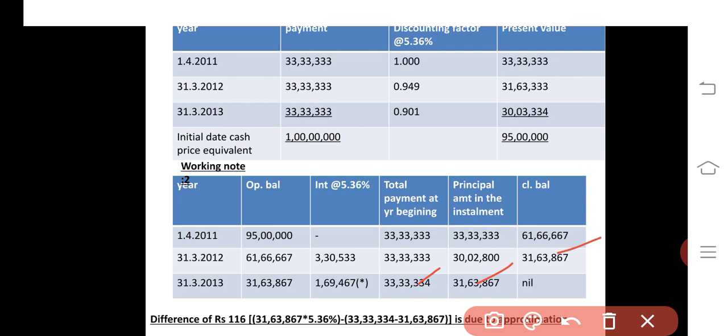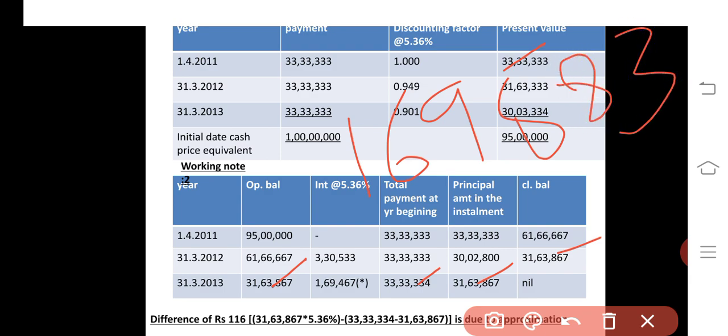So now if you calculate the interest for this amount, you will get 1,69,583. But here 1,69,467 is there.